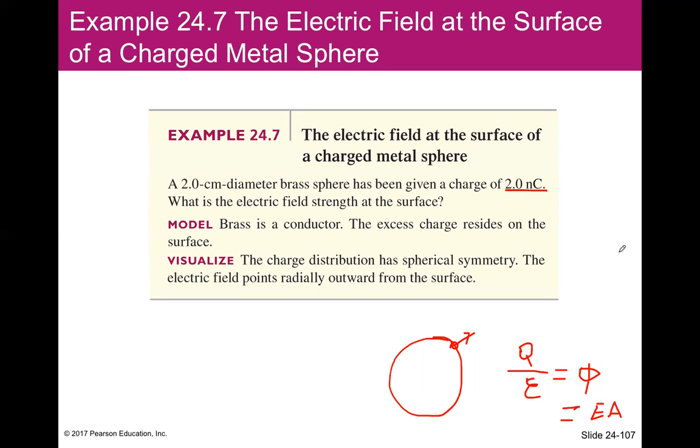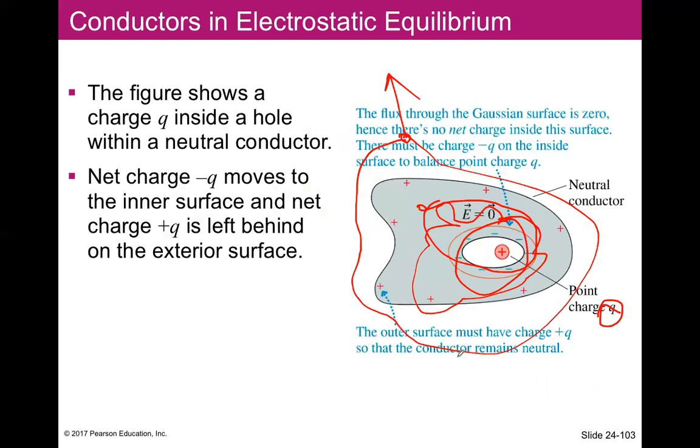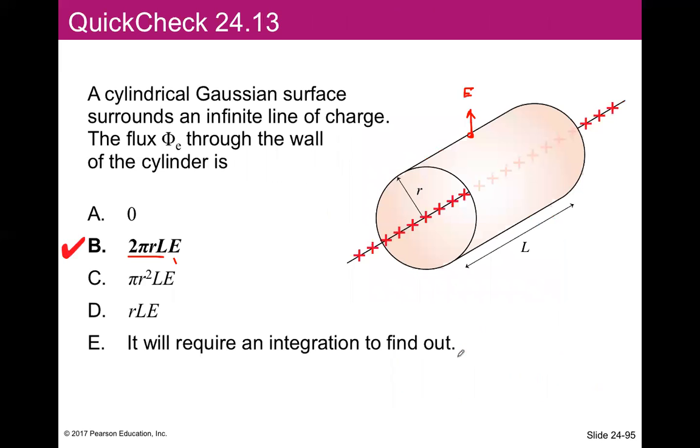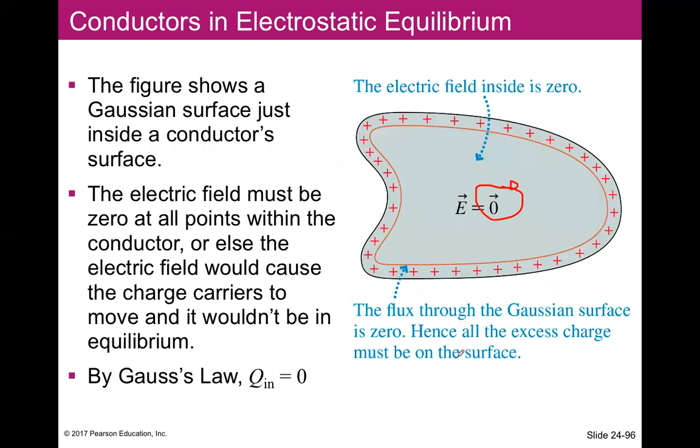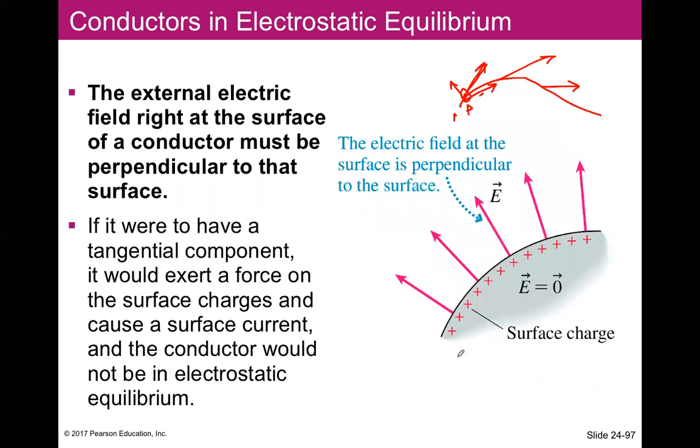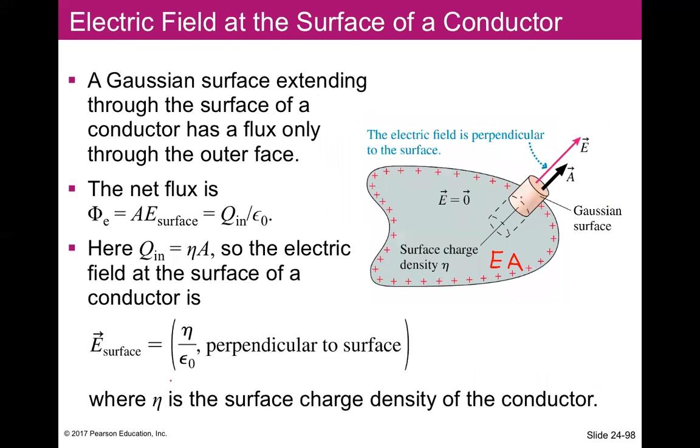The second way is to first calculate the density, which is eta, on the surface. Then use our previously introduced equation of the surface electric field, which is eta over epsilon.